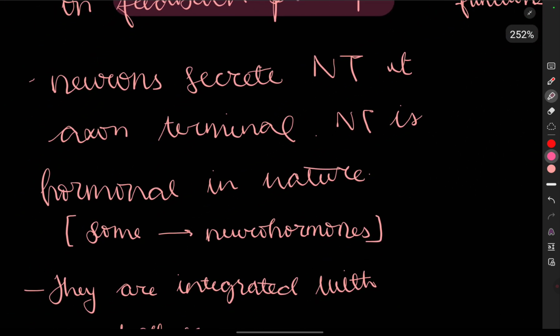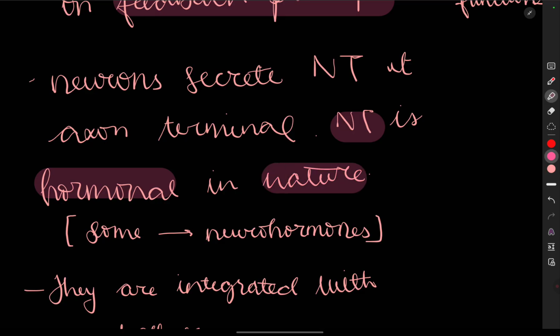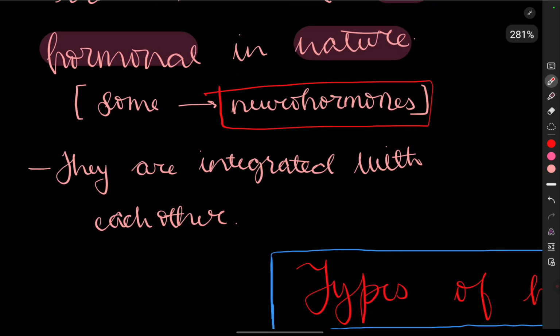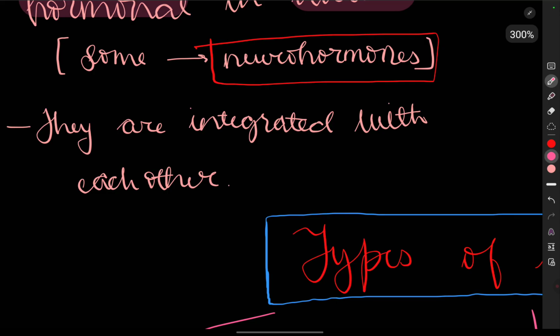Neurons secrete the neurotransmitter on the axon terminal, and the neurotransmitter is hormonal in nature, and some of them are also called neurohormones. So they are integrated with each other. As we have already studied, they have a great system of communication, and they are regulated and integrated with each other.